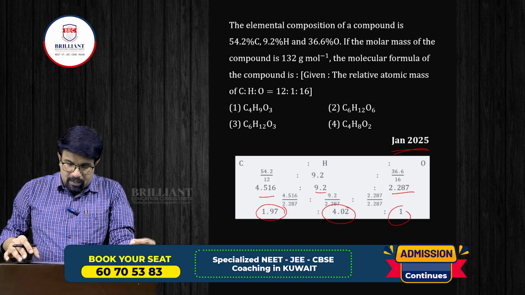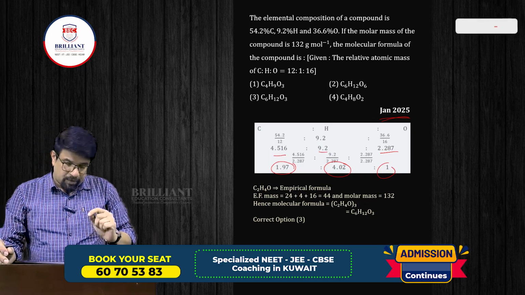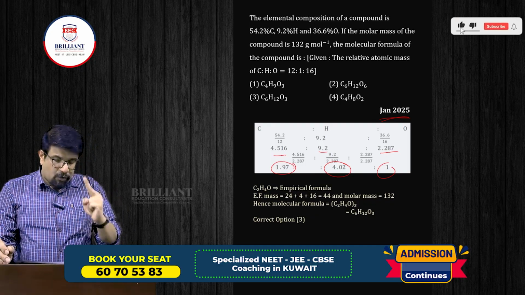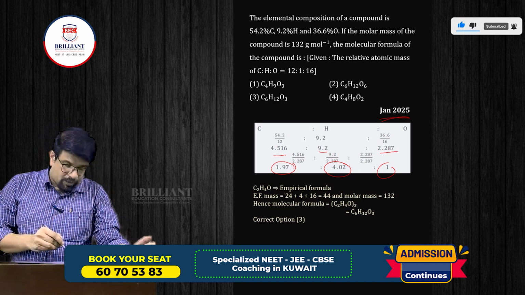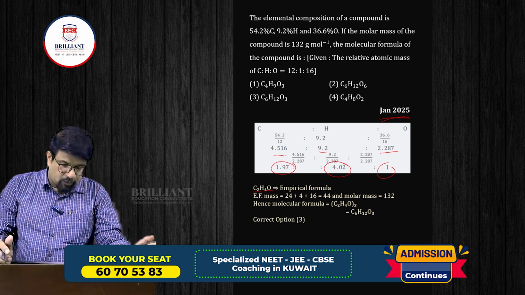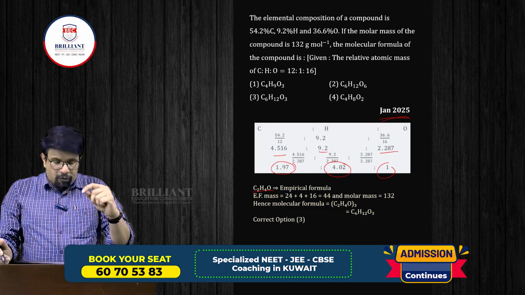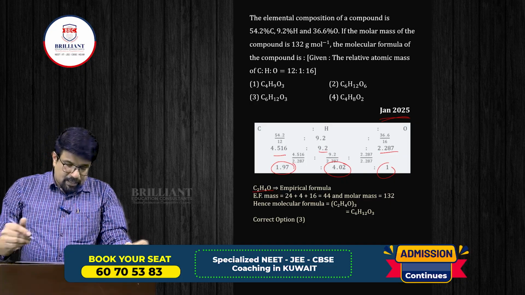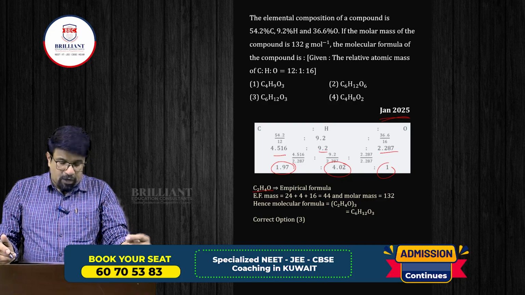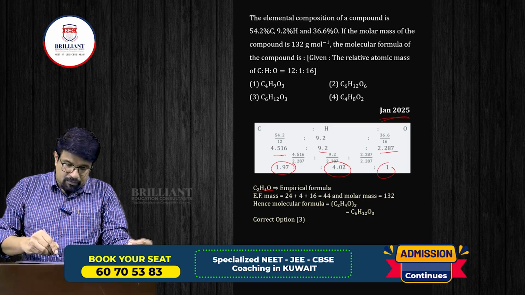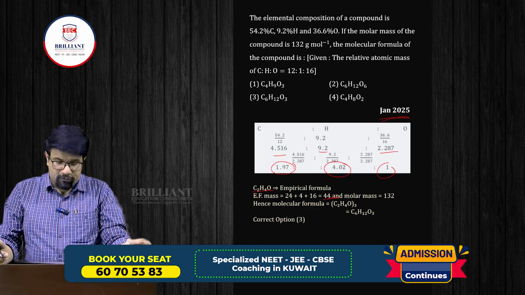Then what will be the empirical formula of the compound? Here 2 carbon, 4 hydrogen and 1 oxygen. That's why the empirical formula of the compound is C2H4O. Then we can calculate the empirical formula mass, right? Carbon is 12, 12 into 2 is 24, hydrogen 4, that's why 4, oxygen 1 is 16, total empirical formula mass is 44.